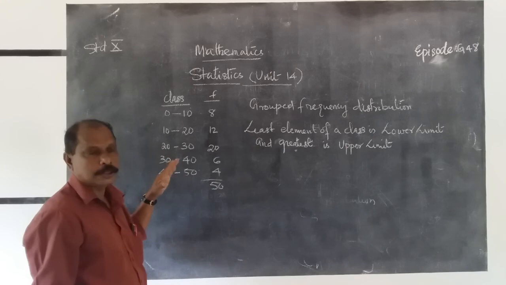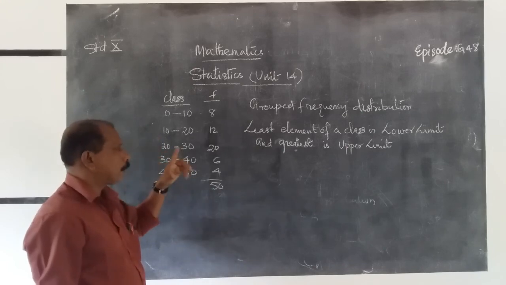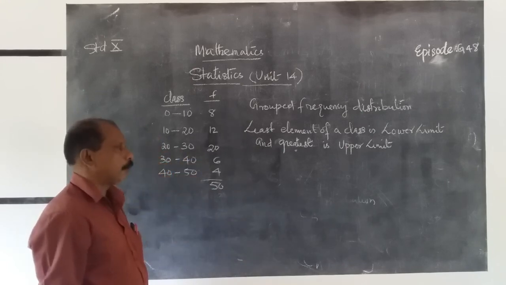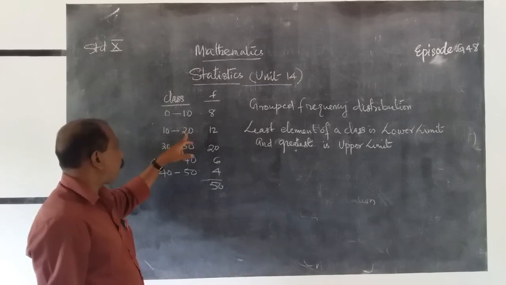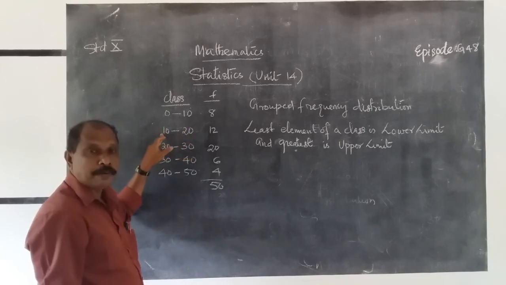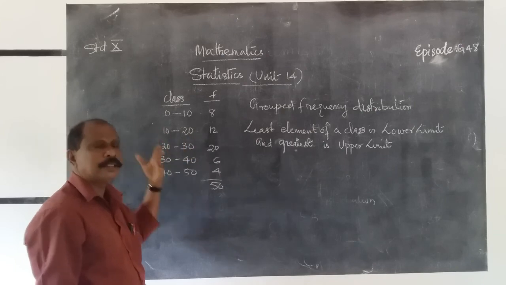Therefore, in this grouped frequency distribution, upper limit minus lower limit, that is 20 minus 10, what is it? 10.